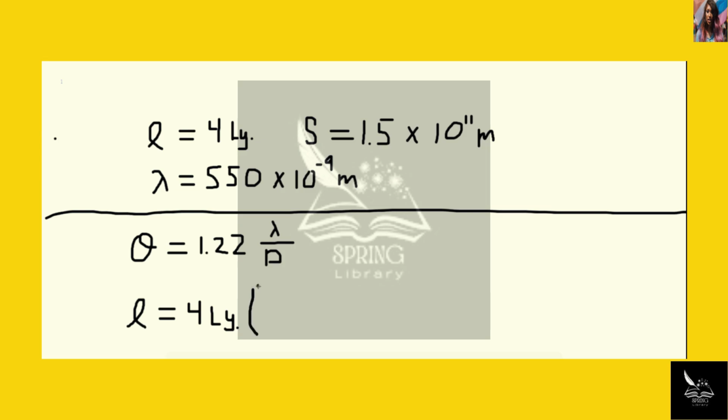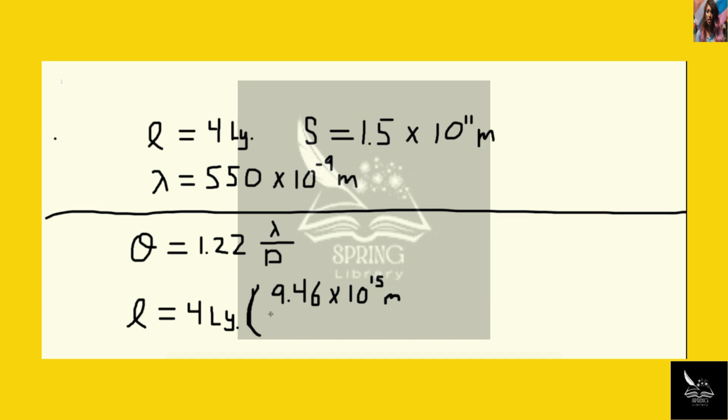So a light year, of course, is how far light can travel in 1 year, traveling at 2.99 times 10 to the 8 meters per second. So that distance ends up being 9.46 times 10 to the 15. And the units here would be meters, right? So that's how far it can travel in 1 year.